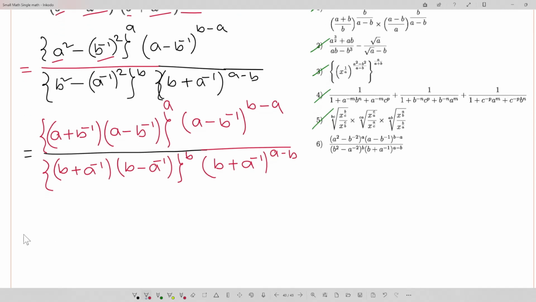Okay, now we know one thing: (ab)^m we can write as a^m times b^m, a similar thing.